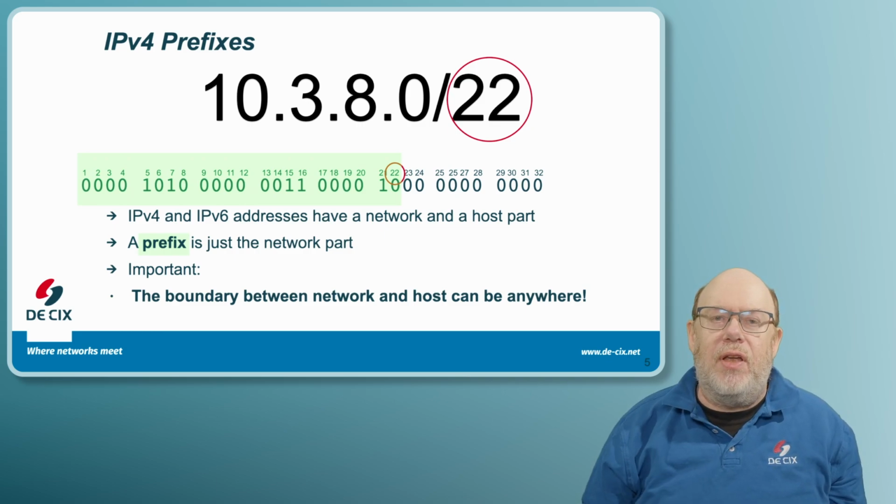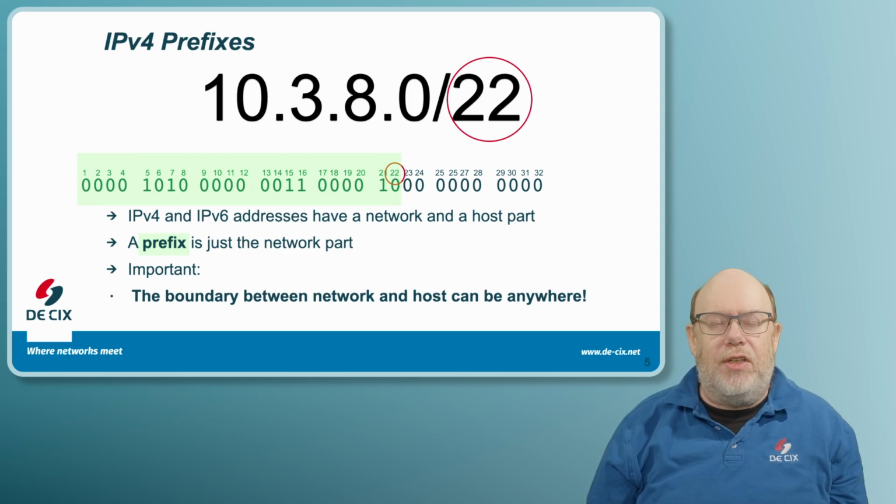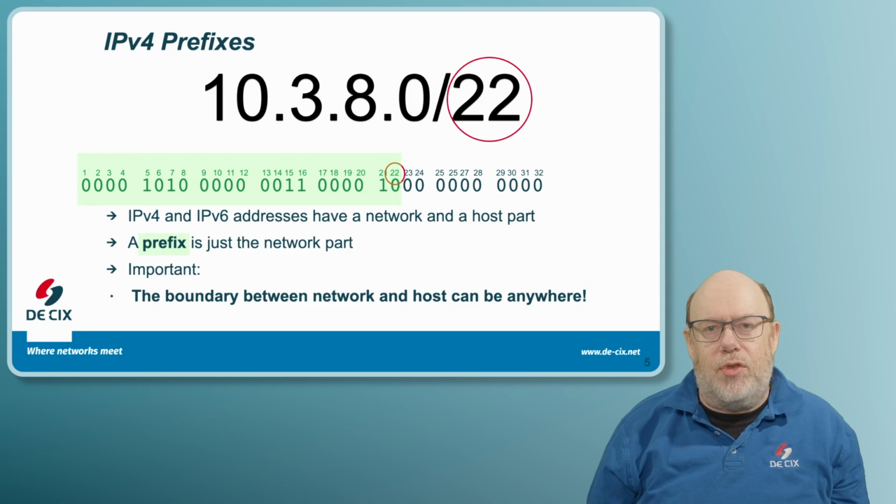Here we have an IP version 4 prefix. IP version 4 addresses are 32 bits long, and what you see here, a so-called /22 network, means that we have 22 bits in the network part and 10 bits in the host part. So the number after the slash is the number of bits in the network part.